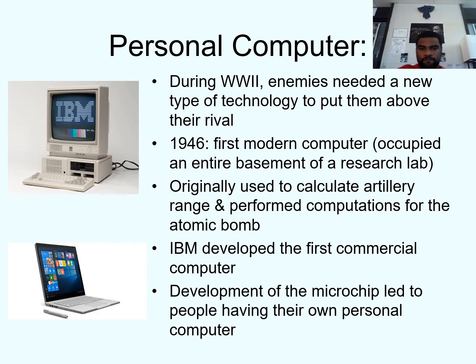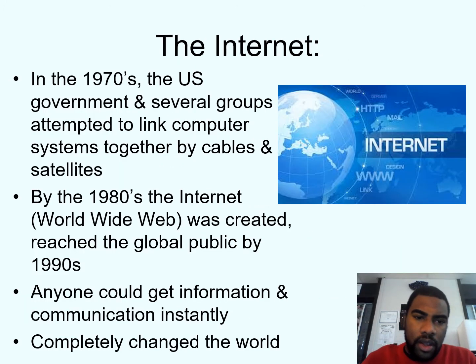In the 1970s, the U.S. government and several groups attempted to link computer systems together by cables and satellites. By the 1980s, the Internet, World Wide Web, was created. It reached the public by 1990.